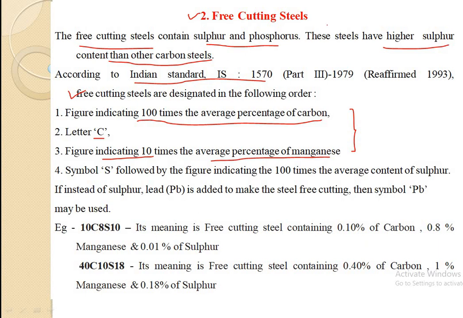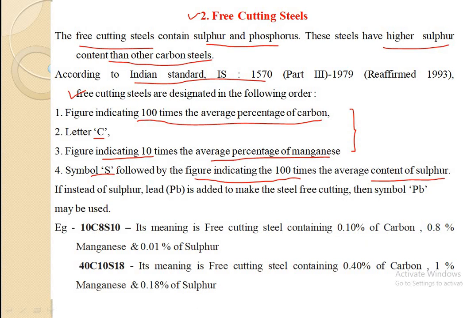Means up to this point we get the same procedure which is followed in the mild steels. Now after this there is another symbol S, which stands for sulfur. This figure indicates 100 times the average content of sulfur.